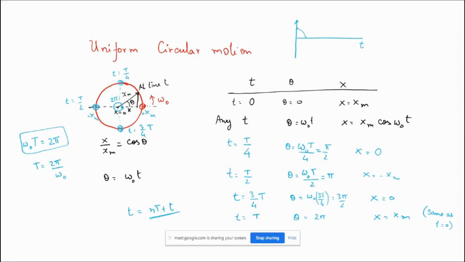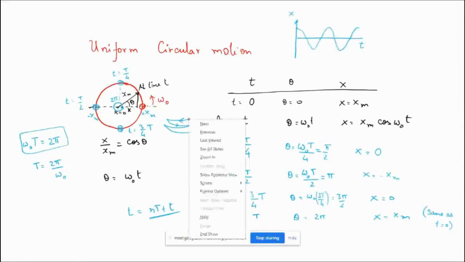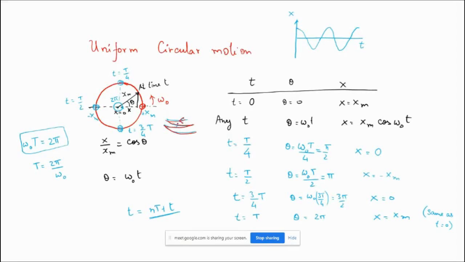It becomes 0 at t equal to T by 4. It becomes negative xm at t equal to T by 2. Again it becomes 0 at t equal to 3T by 4. And the periodic motion continues like this. So starting from the left extreme, the projection of the bead continues to oscillate like this. So it is to and fro motion.